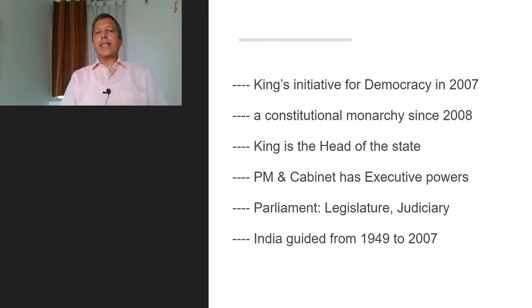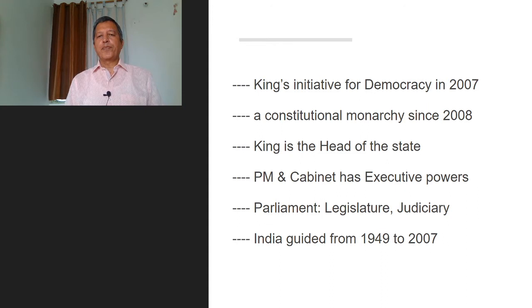According to this, the king is the head of the state, and the executive powers are vested in the PM and the cabinet. And their legislature is the parliament, and they also have a judiciary. So all the 3 organs of the state.